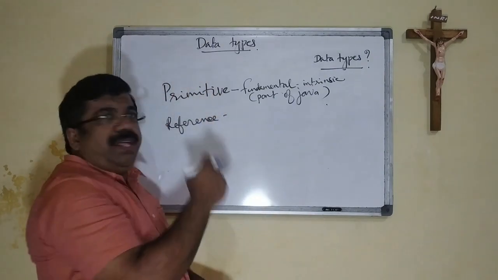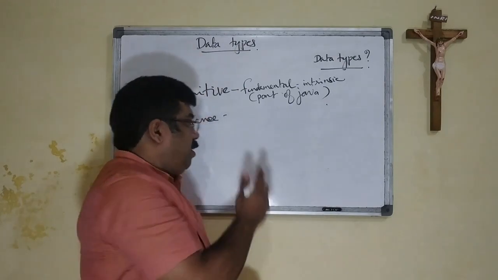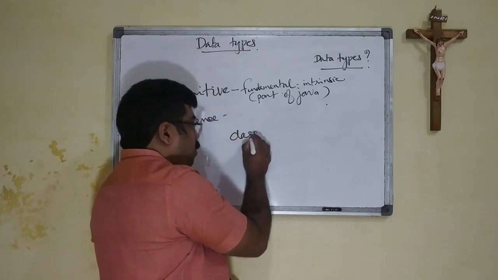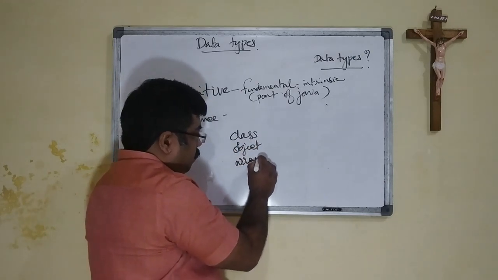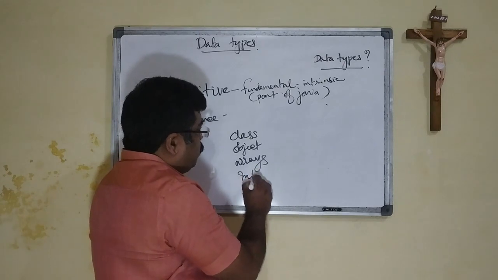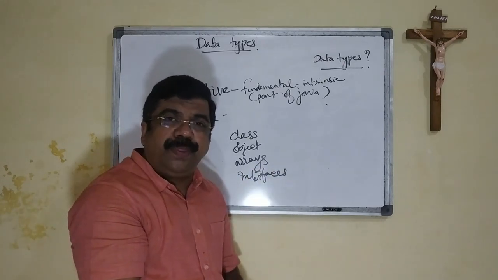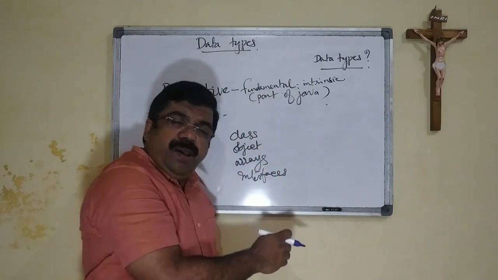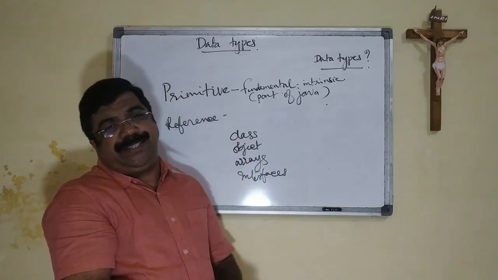And what are reference data types? You will say immediately the class, object, arrays, then interfaces, etc. Of course, you are right. Reference data types are these ones.